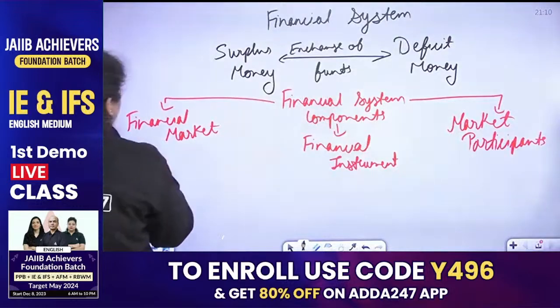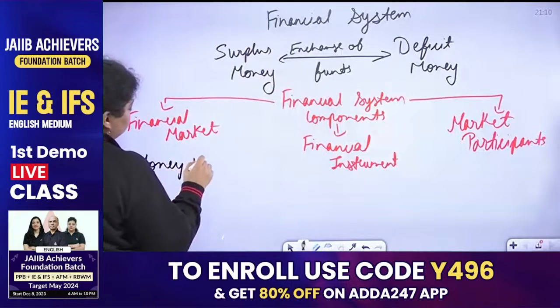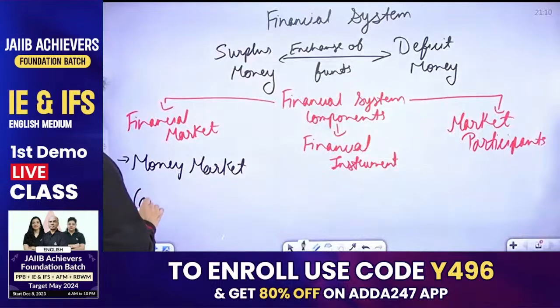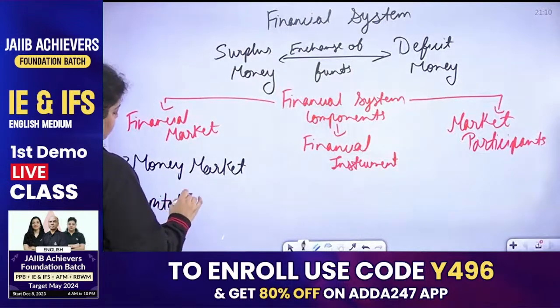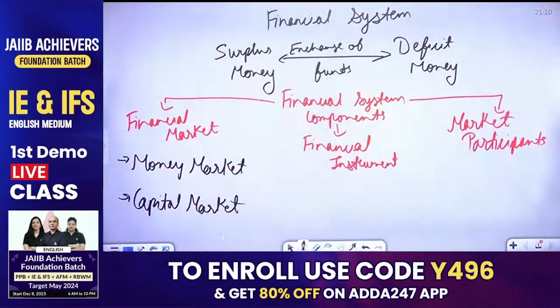So the financial market we have here is the money market, a short-term market that is regulated by RBI. The capital market is a long-term market that is regulated by SEBI, the Securities and Exchange Board of India.